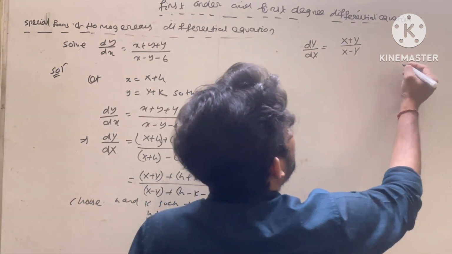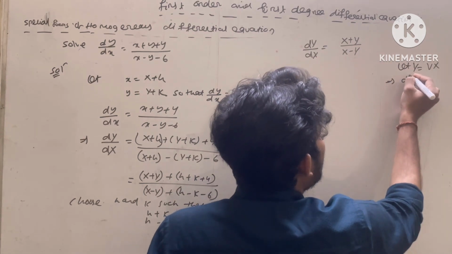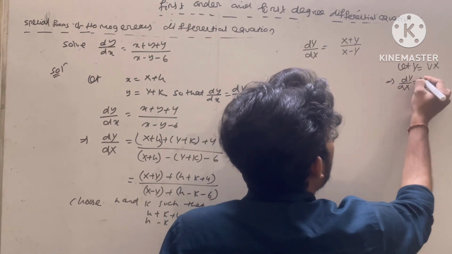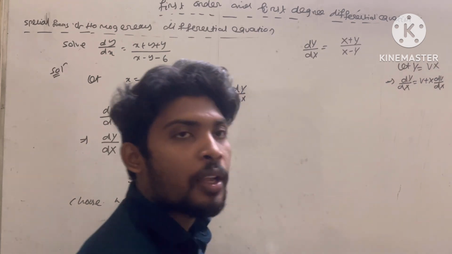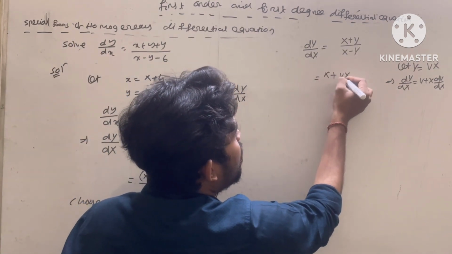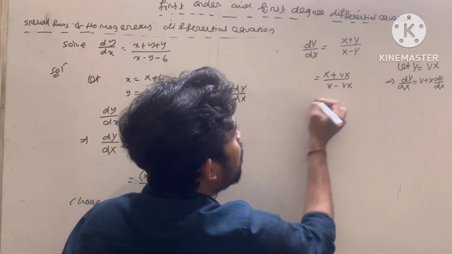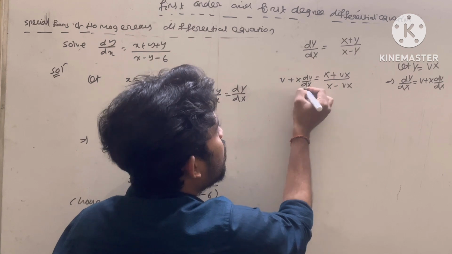So that's why I have to take Y equal to capital V X. So this dY by dX is what? V plus X dV by dX, right? So now this becomes (X plus VX) and (X minus VX). This is V plus X dV by dX, right?